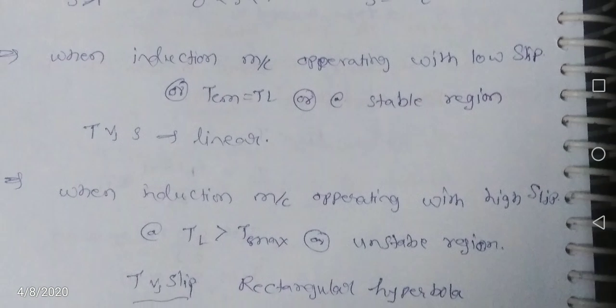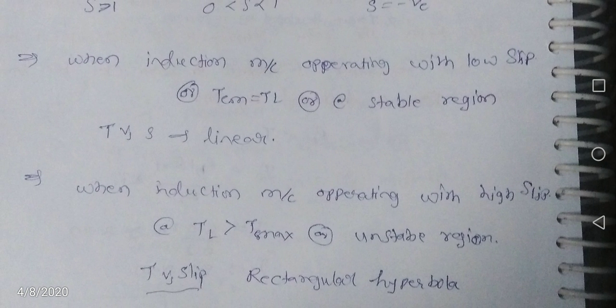When an induction machine is operating with high slip, TL is greater than T maximum, or the unstable region, torque versus slip is a rectangular hyperbola.